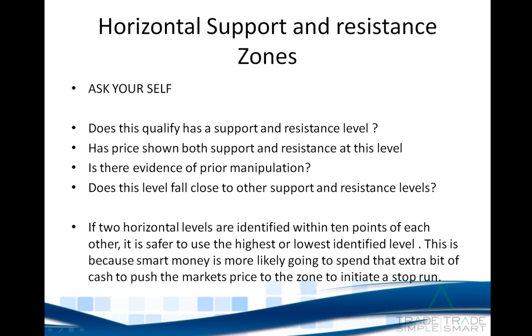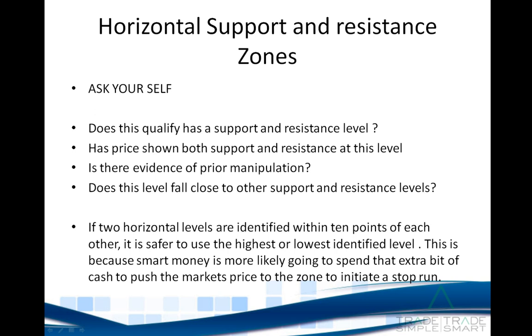And does this level fall close to other support and resistance zones? Now, if you ask yourself these 4 questions, then the levels that you identify should qualify as a potential manipulation zone. And as we covered in the last example, if 2 horizontal levels are identified within 10 points of each other, it is safer to use the highest or lowest identified level.